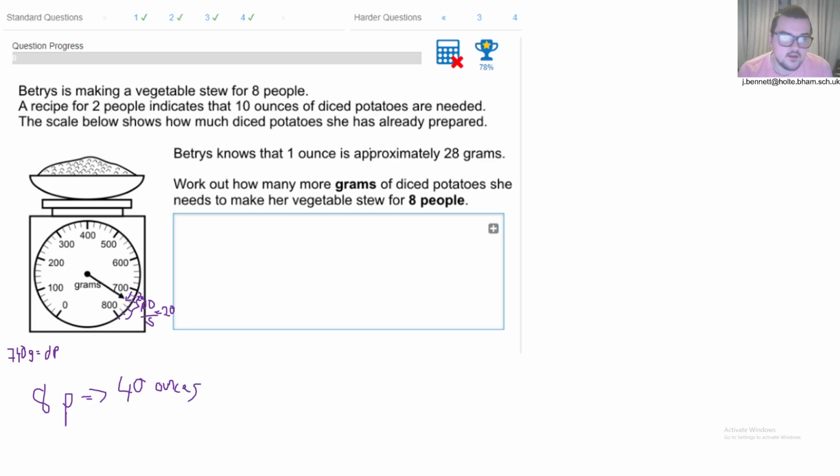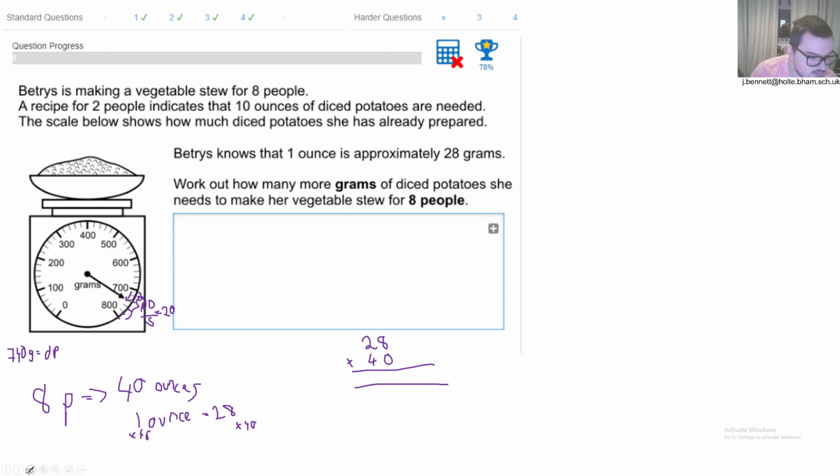Right, okay. Beatrice knows that 1 ounce is approximately 28 grams. So, if 1 ounce equals 28 grams, we need 40 ounces. We multiply both sides by 40. You're not allowed to use a calculator here, so you've got to do it using multiplication. So, 28 multiplied by 40. 8 times 0.